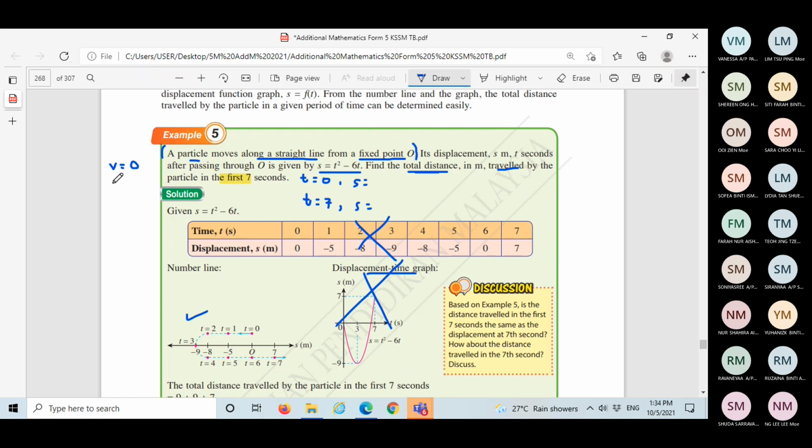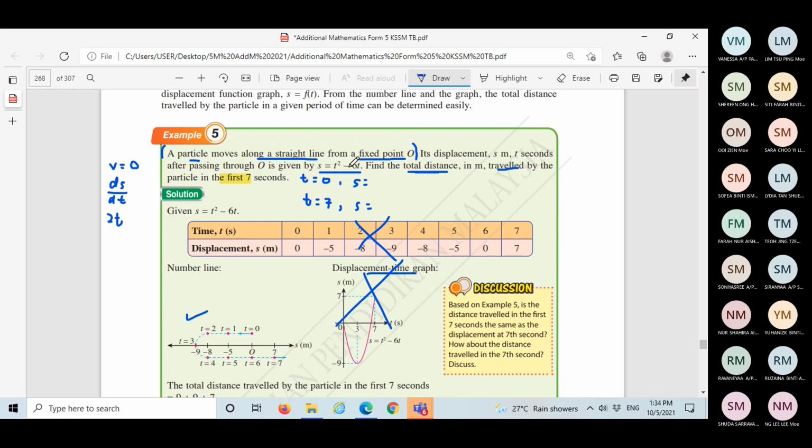Just now we said already, v is ds/dt, differentiation. So differentiate this. Differentiate t squared, what do you get? 2t. You see, all the differentiation is very simple.